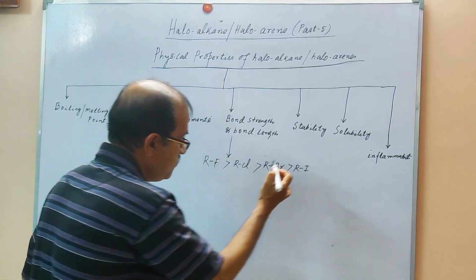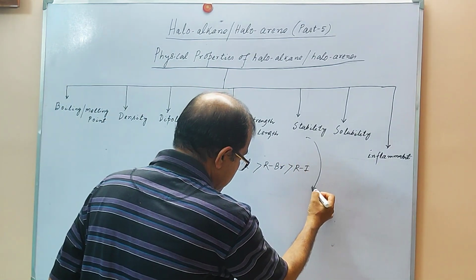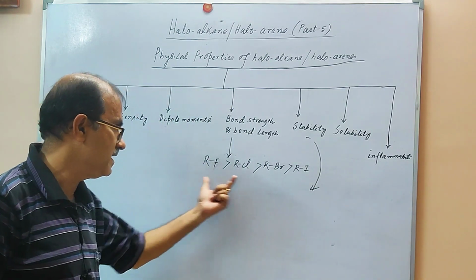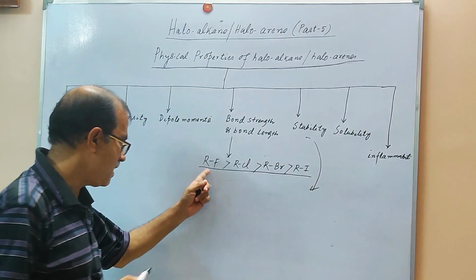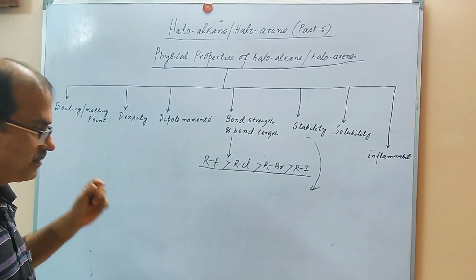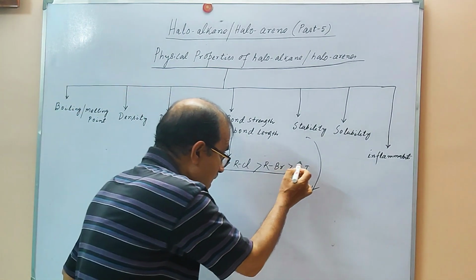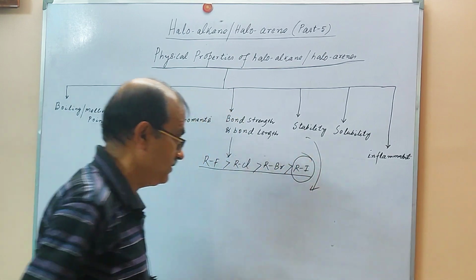In a similar fashion, stability has the same order. Alkyl fluoride has the highest stability, and alkyl iodide the lowest.